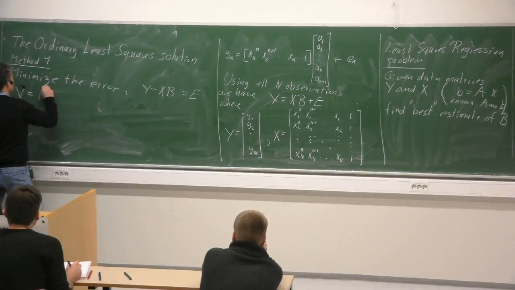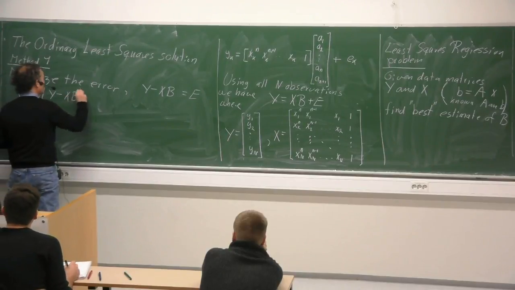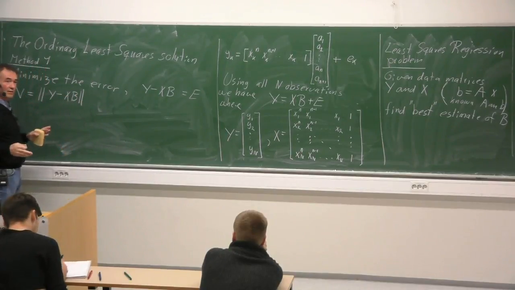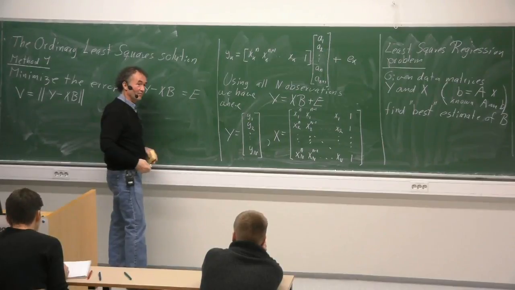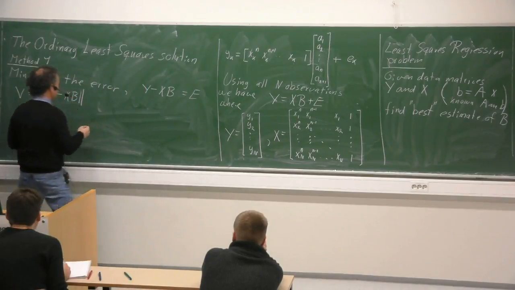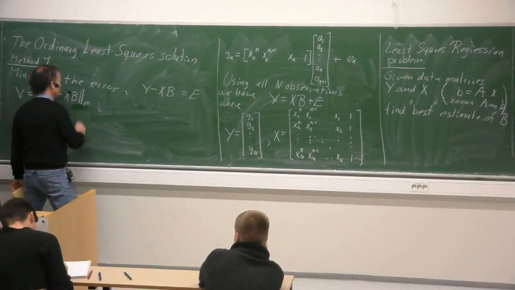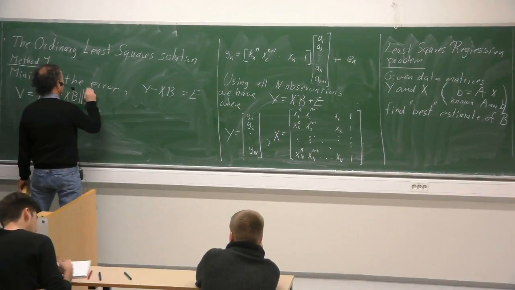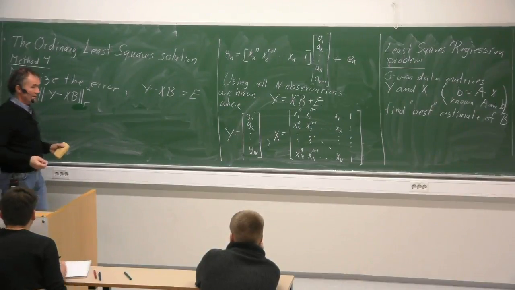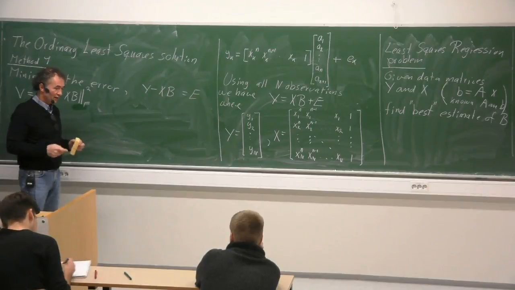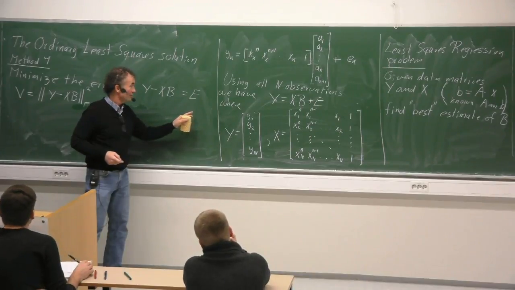So looking at the matrix norm of this error, those two bars represent a measure of the size of this vector. The most common norm in numerical linear algebra is the Frobenius norm, and this one squared. The Frobenius norm of a matrix is simply equal to the squared sum of all elements of this E matrix.